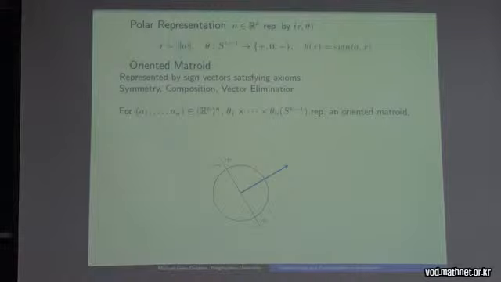But rather than talk about the axioms, I want to talk about where they come from. One place that they arise is if you have a configuration of vectors and you look at this theta part of the polar representation of a vector for each of the vectors that you have in your vector configuration, and you look at the range of the product of all of these thetas, then you get an oriented matroid.